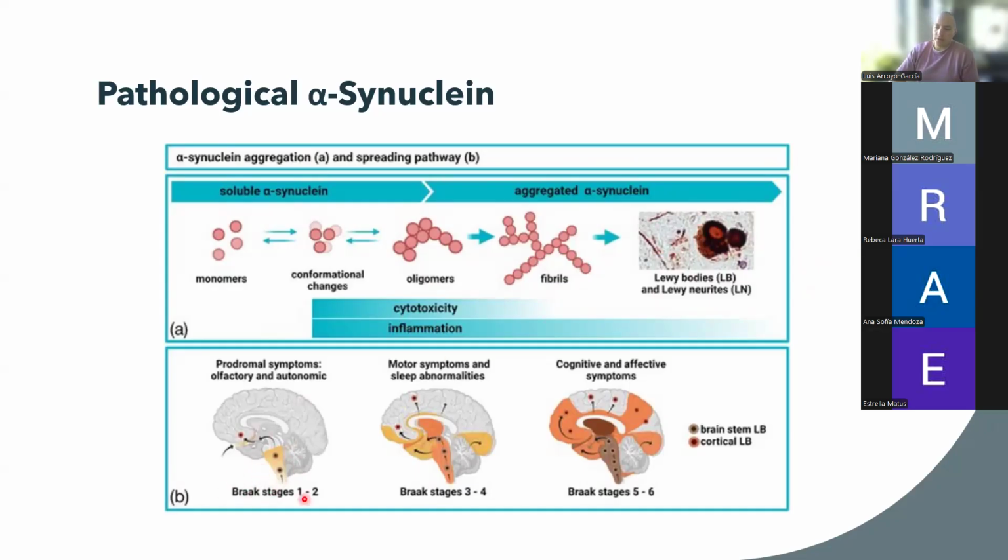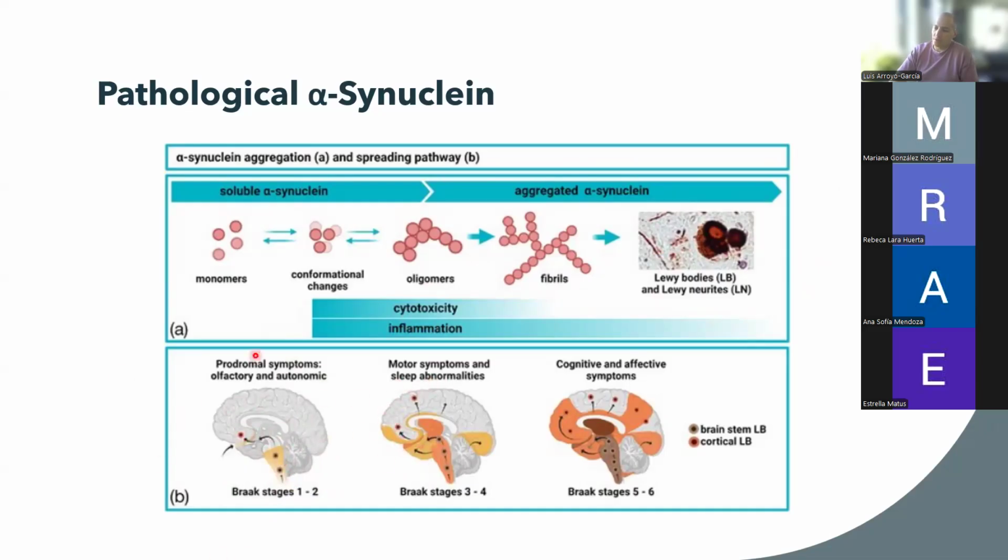Here we also have the Braak stages for these Lewy bodies, and you can see the difference. I think it was Vale who asked me before. They start from the basal ganglia and then spread.